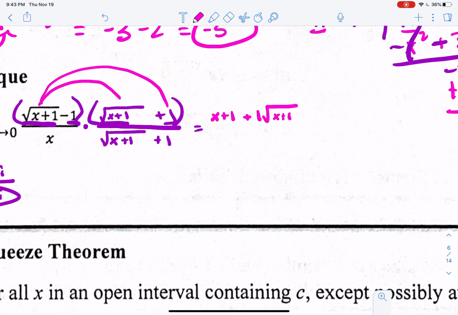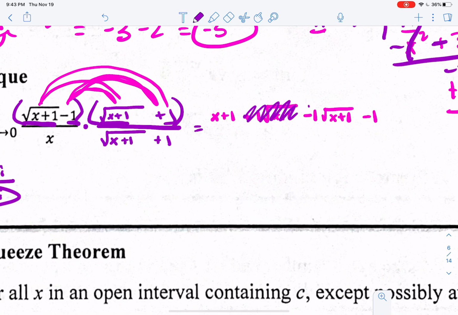The inside terms give negative 1 times the square root of x plus 1. The last terms, negative 1 and positive 1, give negative 1. These square root terms cancel out, and the positive 1 and negative 1 cancel out. So all I have left on the top is just x.